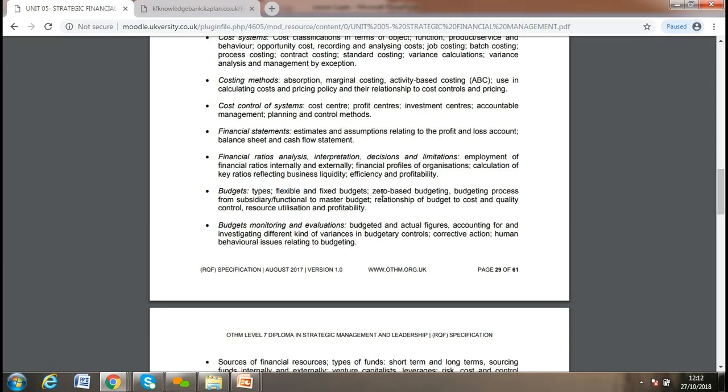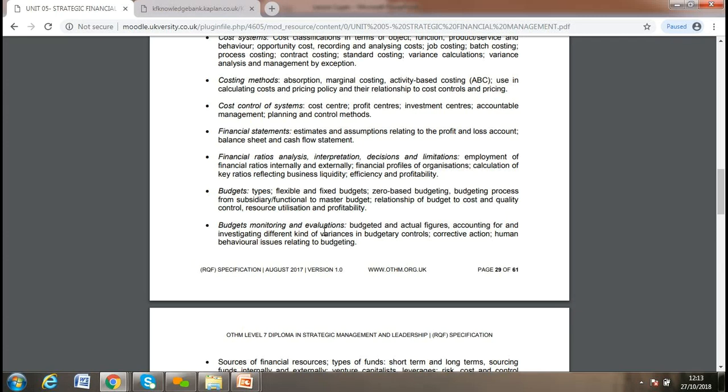Today we'll discuss budget types: flexible budget, fixed budget, zero-based budget, the budgetary process, subsidiary, functional, and master budgets, and the relationship of budgets to cost and resource utilization. Our discussion will cover budget monitoring and evaluation. If we have a budget, it helps us monitor and evaluate whether we are within budget or not.